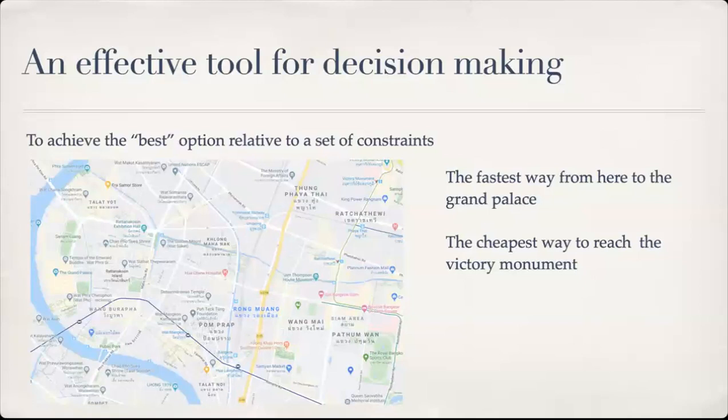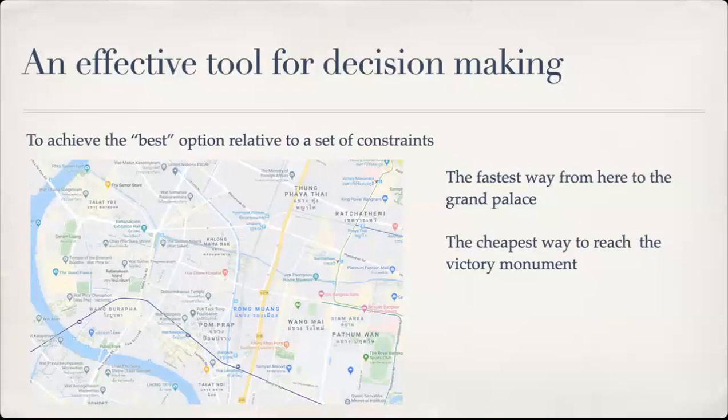Okay, so this is an example of an optimization problem. Our objective is to minimize the travel time, right? Or you want to find the cheapest way to reach Victory Monument from here, okay? And of course, your objective is to minimize the cost, the fare.